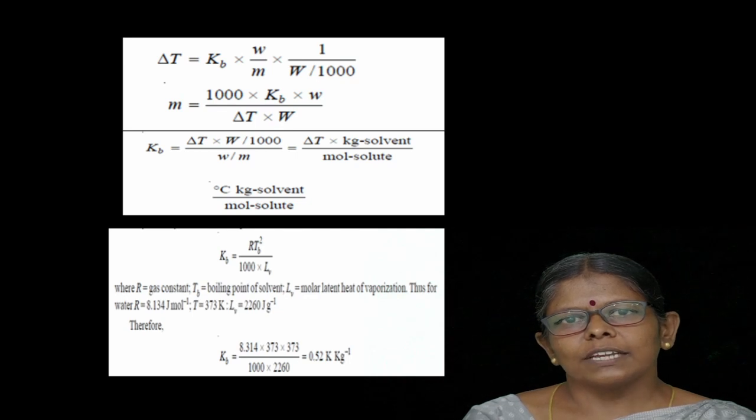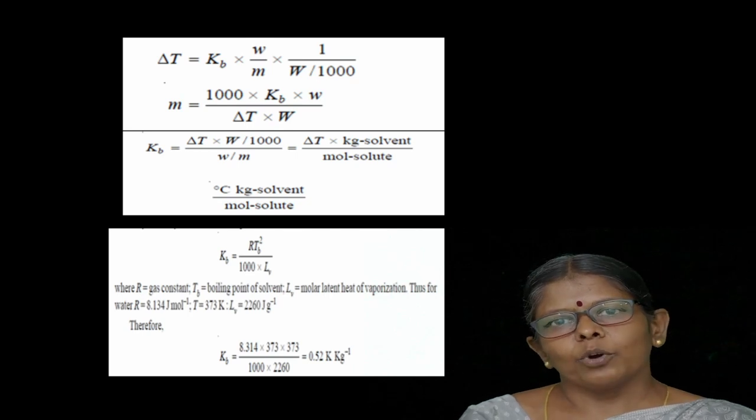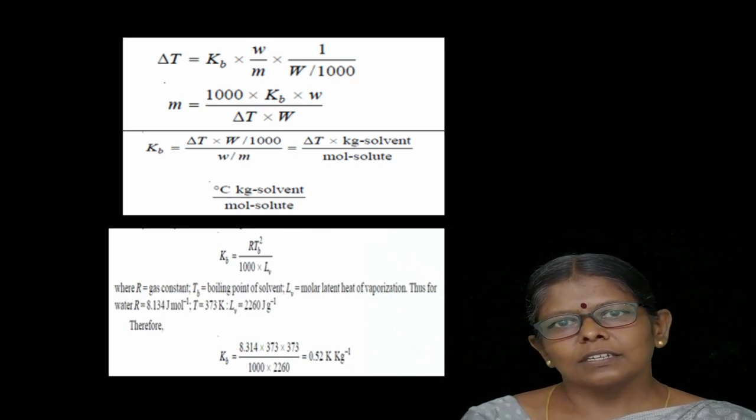Next, we will discuss the depression of the freezing point. The point to be remembered here is that first we have to boil the solvent, and only then the solute has to be added, in our day-to-day life.